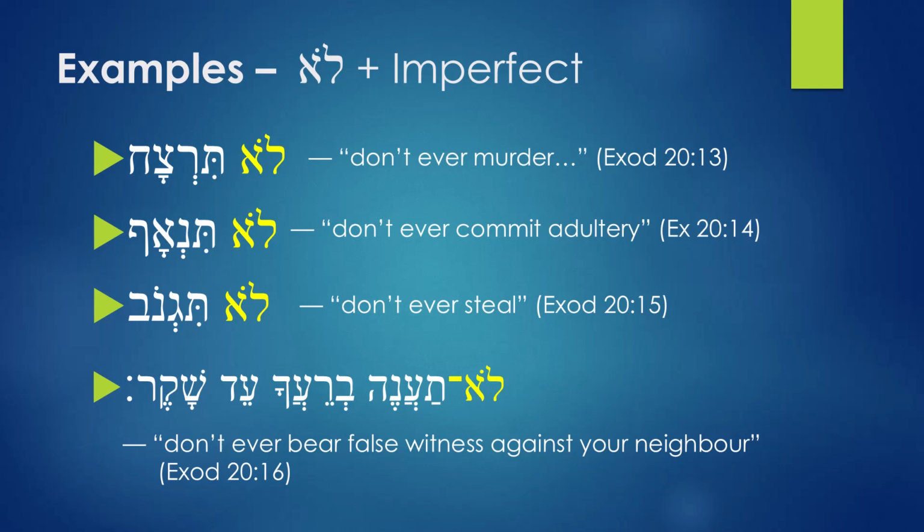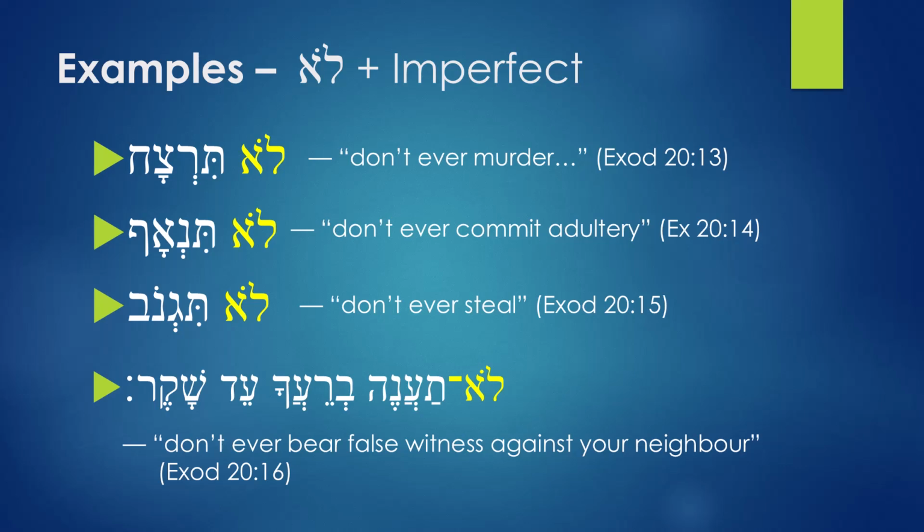So you have lo plus the imperfect tense, and this translation becomes don't ever steal. This is not a situational order, it's a moral timeless command. So you must never do this at any time. This law is not for a moment, it's for a lifetime. You must never steal. Exodus 20 verse 15. That's how you must translate it.